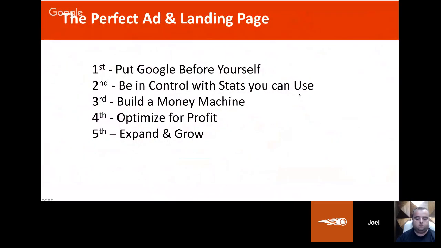Now, as mentioned before, the 5 pillars of PPC are to, first of all, put Google before yourself. When I say put Google before yourself, what I'm saying is that you have to respect that Google is a partner here in your advertising efforts. It's a partner that basically charges you nothing to show your ads. They only get paid if you get clicks.